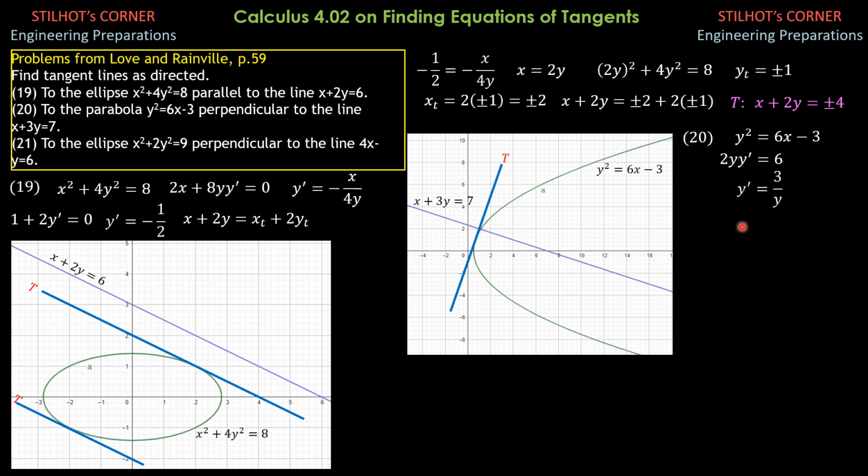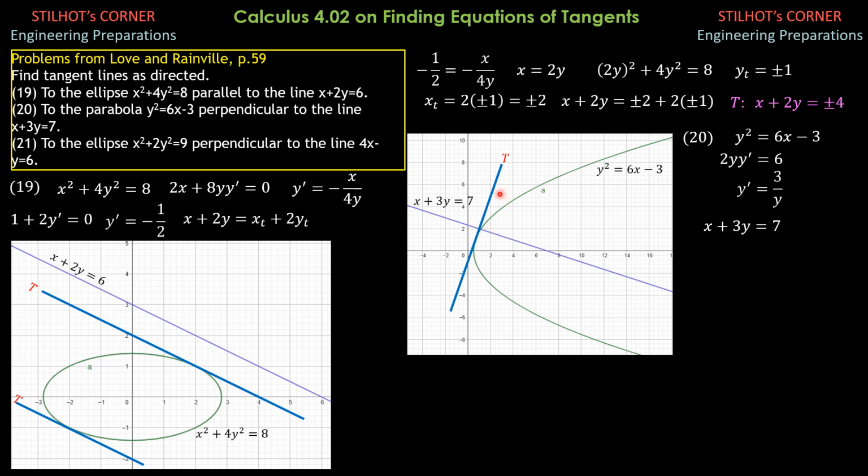And for the line x plus 3y equals 7, the slope by differentiating is negative 1/3. The slope of the line is negative 1/3. But the slope of the tangent, because they are perpendicular, should be the negative reciprocal of negative 1/3, so it's 3.